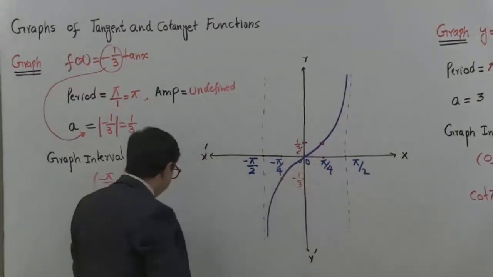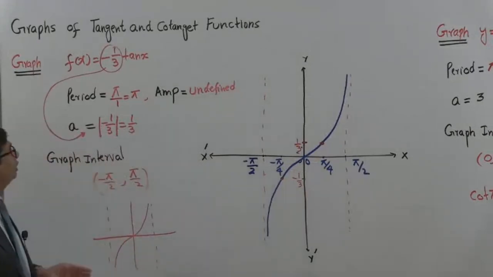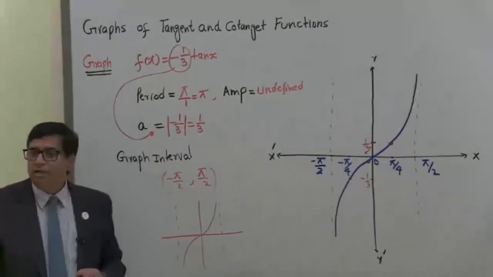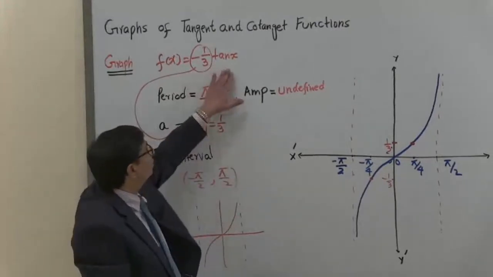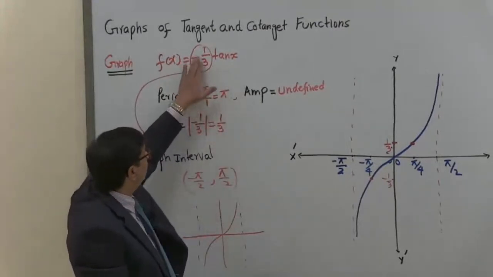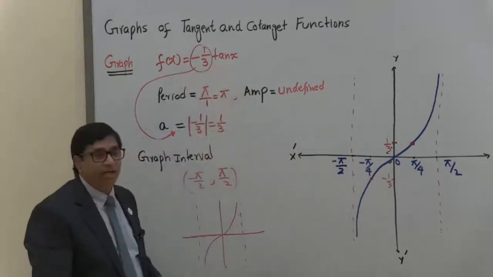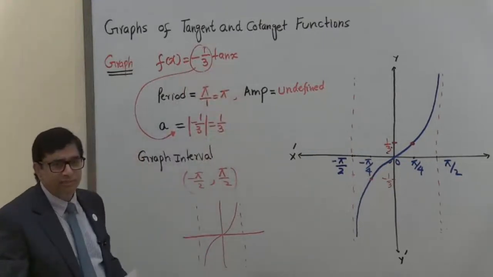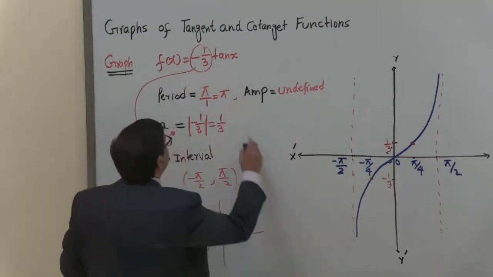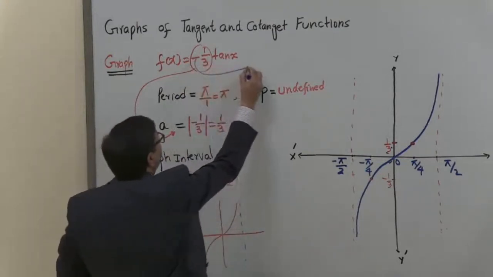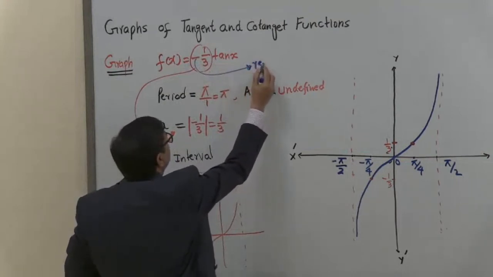But if you look, the question is something different. It is not the graph of 1 over 3 tangent x. No, it is the graph of -1 over 3 tangent x. Negative means reflection about the x-axis. So this negative sign will give you a reflection.